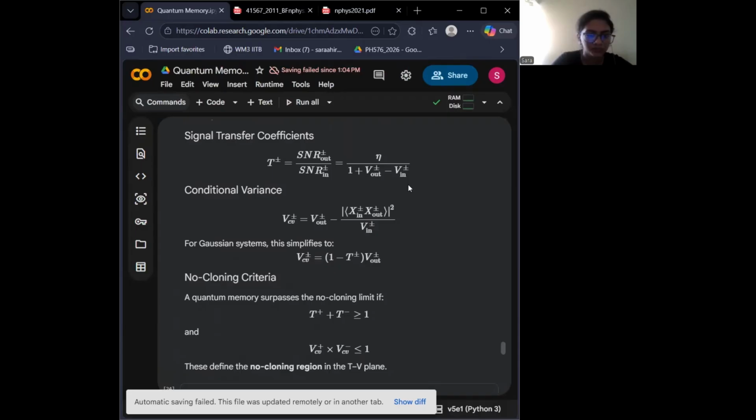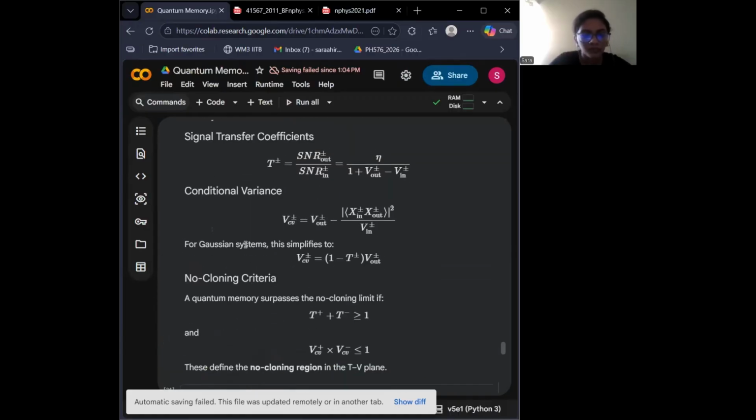It's given by this formula right here, and for purely Gaussian systems, this further reduces to VCV equal to 1 minus T, where T was the signal transfer coefficient, times V out. Now again, for a noiseless memory, VCV is going to be 0, as we can see clearly. And for the classical way that we used to do it, which is basically you initially measure the quadratures independently and then you prepare the state, VCV is going to be 1 for each of the quadratures.